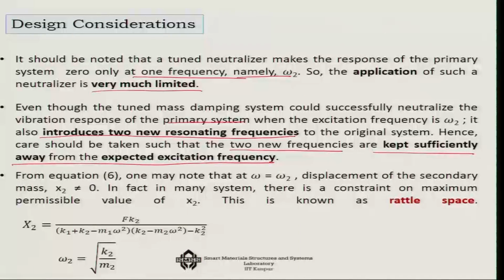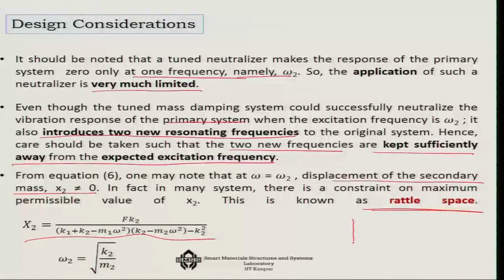And finally, one may note that even though X1 is 0, the displacement of the secondary mass is not equal to 0. So, you need to give space for this displacement, and that space is also known as the rattle space for the system. These three conditions are to be kept in mind.